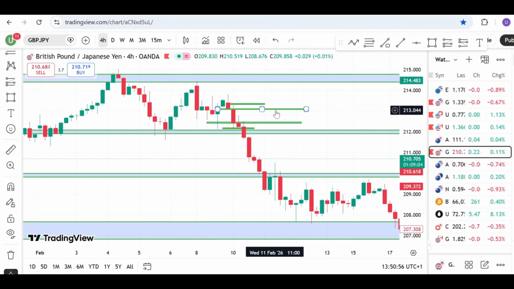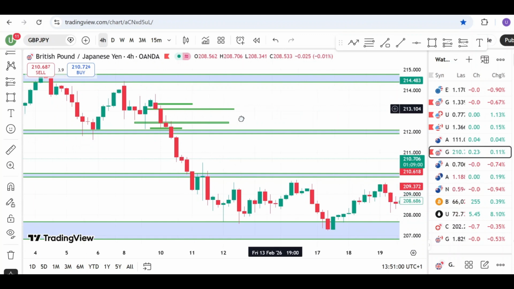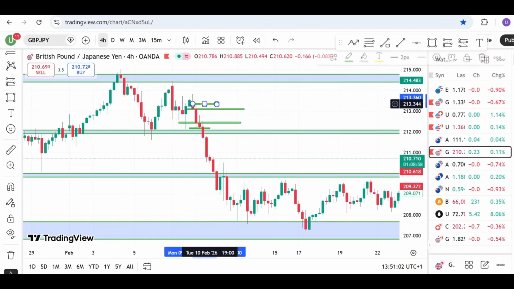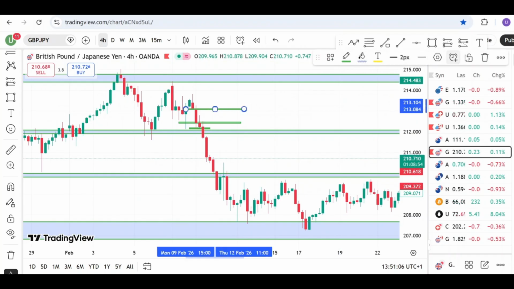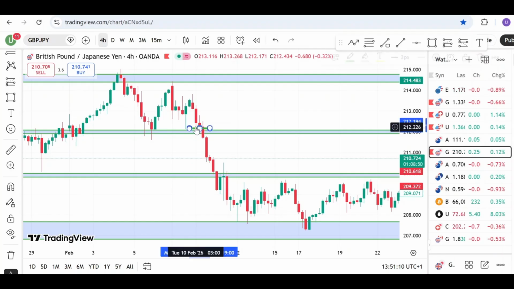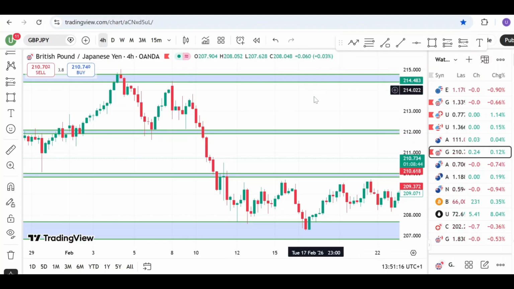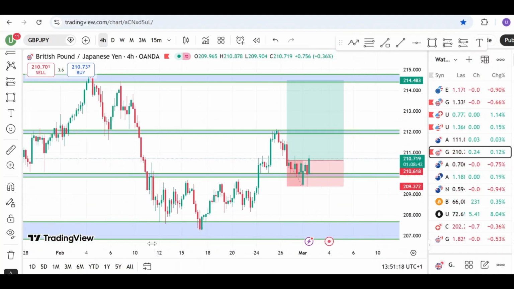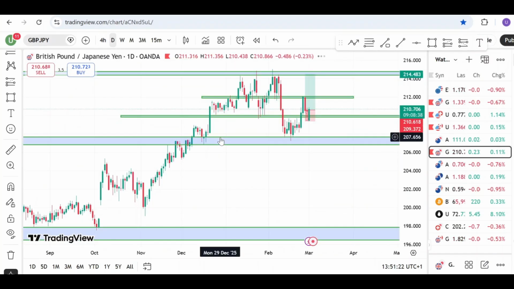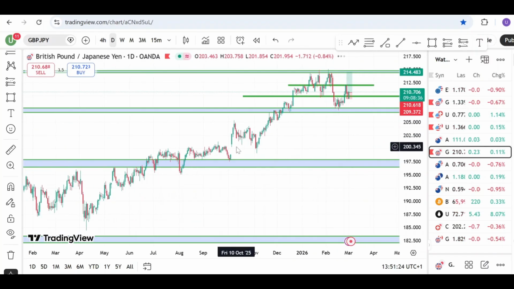We have two types of chart based on the trend: a bearish chart and a bullish chart. A bullish chart is where the price is in an uptrend, where the buyers are controlling the market. Let me go to the daily time frame, where the chart is very visible.